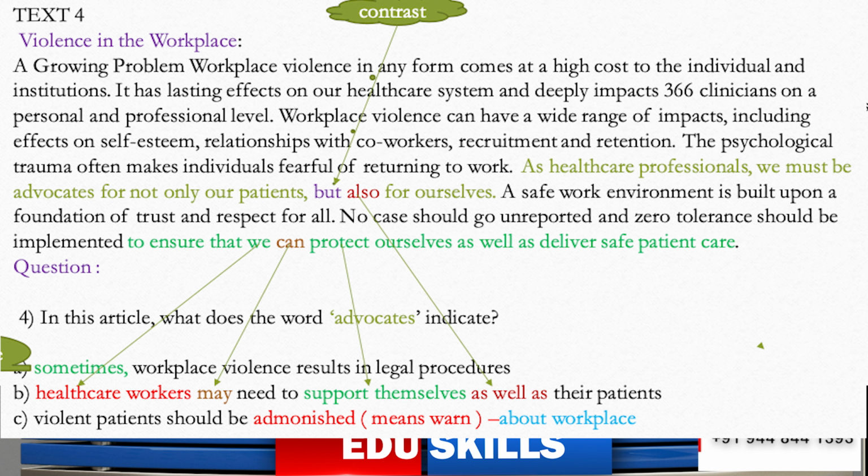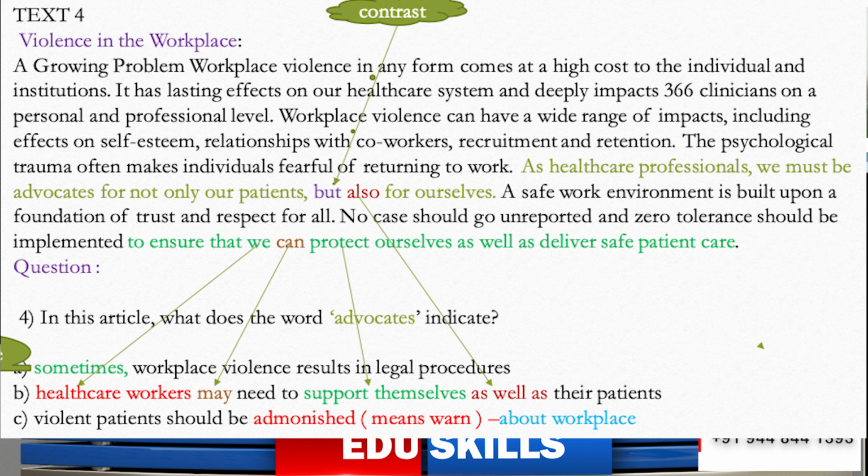Okay, so we can identify here: sometimes workplace violence results in the legal procedure. Is that seen anywhere in the text? Nothing said like that, right? See, it has lasting effect on our healthcare system and deeply impacts clinicians on a personal and professional level.